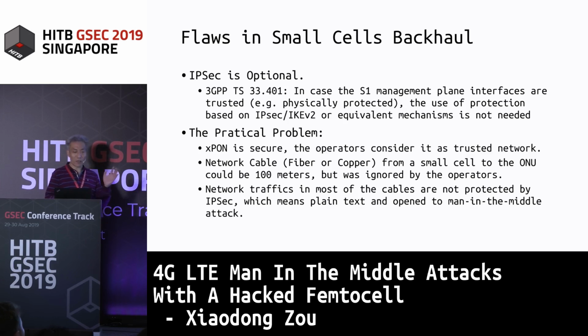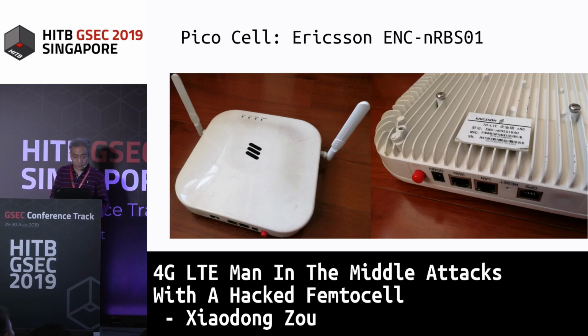So they see all of this as a trusted network, so they do not provide IPsec protection, which causes the network traffic in most of the cables to be unprotected. Which means it is all plain text and open to man-in-the-middle attacks.